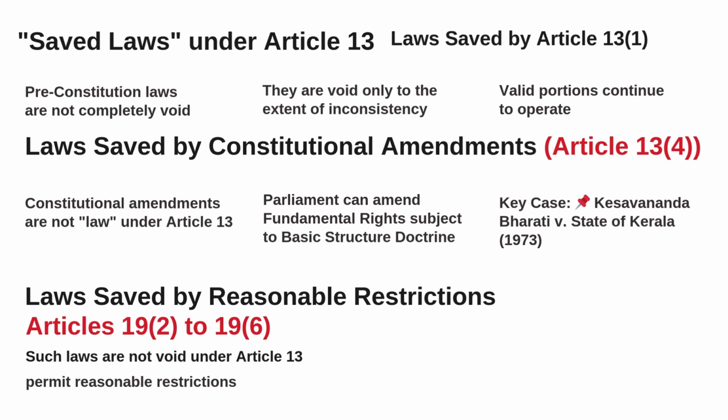So, even the fundamental rights can be restricted on certain reasonable grounds. So, these laws are what is termed as laws saved under Article 13. That means all these changes can be brought about, and these are not considered inconsistent with or violative of fundamental rights.